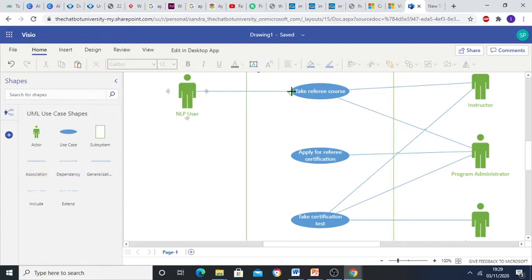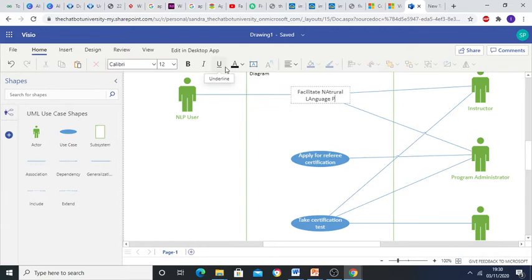But what this association line is trying to say is that there's a relationship between this user and the use case diagram. I'm going to call this use case diagram, I'm going to call it facilitate natural language processing.